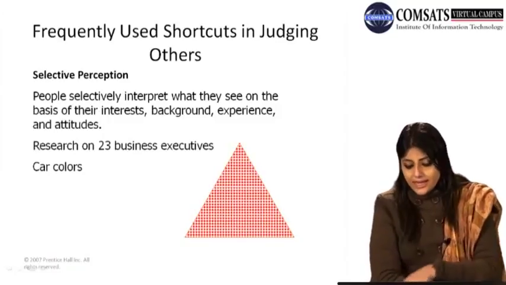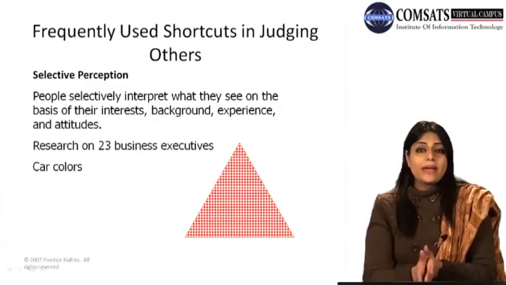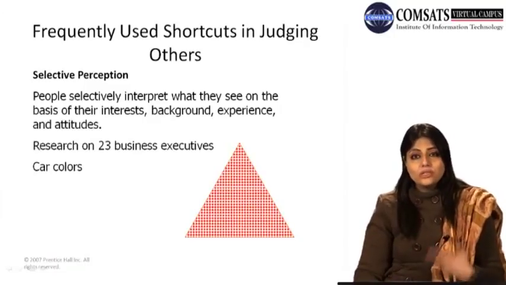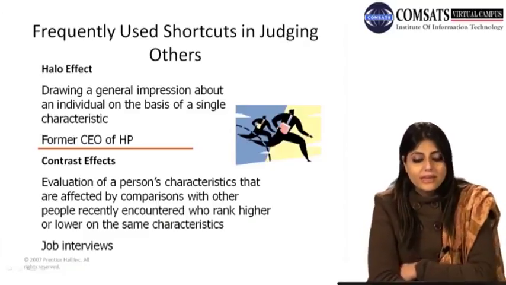That is again selective perception, because they belong to similar interests, similar background, similar experience and attitudes. That is why they are rating their own department at the highest level.